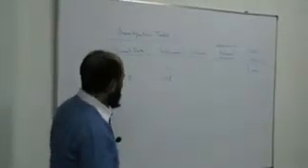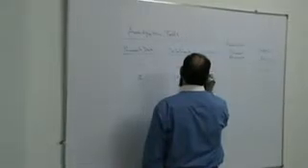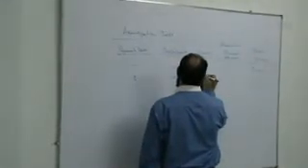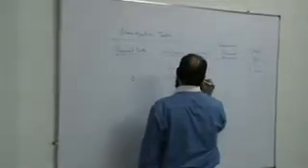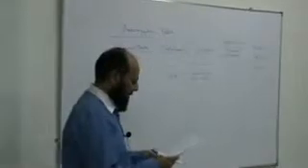One is the interest which we are paying, and the other is how much we are paying towards the principal amount of the loan. First we need to calculate the interest: 1,000 into 10% is 100. Unpaid balance is 1,000, so 10% of 1,000 is 100.